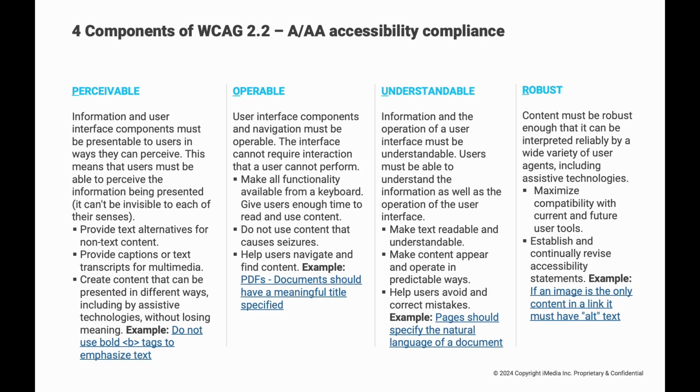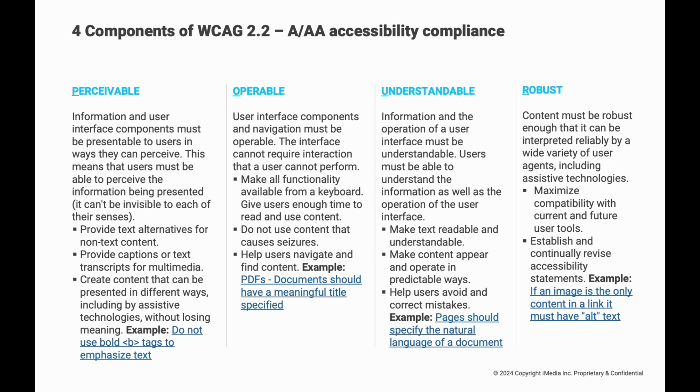Now let's talk about the four components of WCAG 2.2 AA accessibility compliance. Many agencies refer to this as the POUR method: perceivable, operable, understandable, and robust. The information on your website needs to be perceivable. Let's start there.